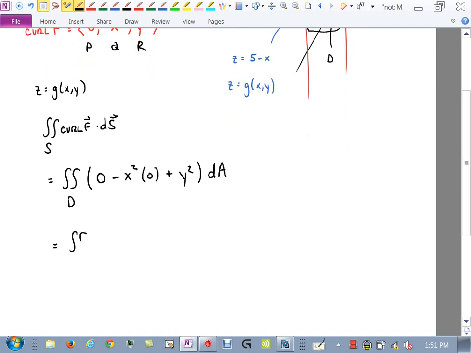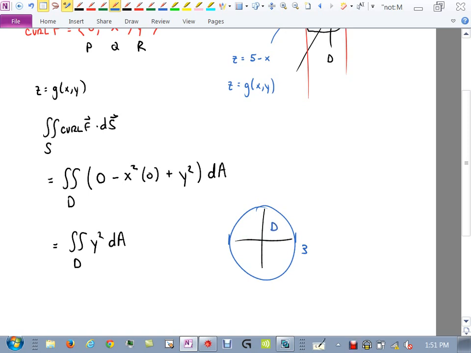This is now just a double integral problem. What I'm trying to figure out is the double integral of y squared dA, where our region D is the shadow of that ellipse down onto the ground. So my D looks like this. What's the radius? 3, right?